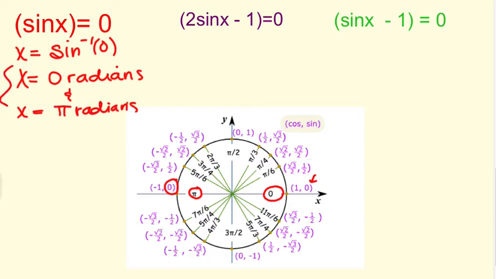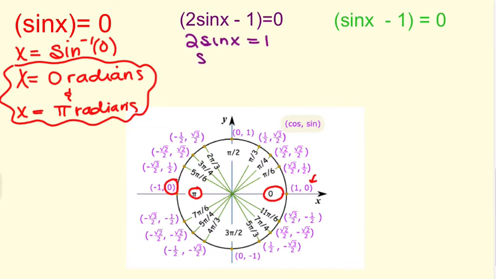All right. Now let's move on to the purple equation. And that factor of 2 sine of x minus 1, we want to undo it. So we're going to add a 1 to both sides, and then we'll divide both sides by a 2. So we have the sine of x equaling 1/2. So x equals the sine inverse of 1/2.